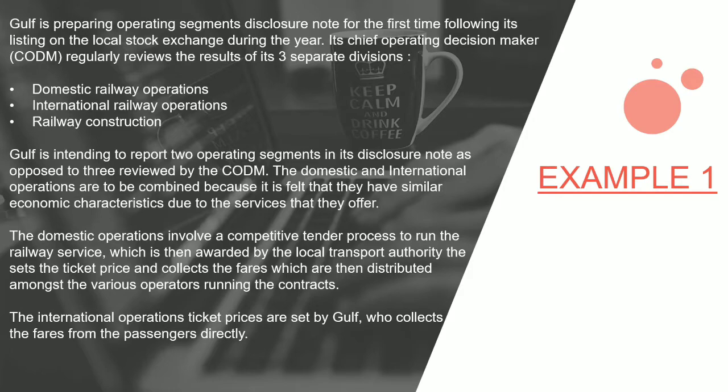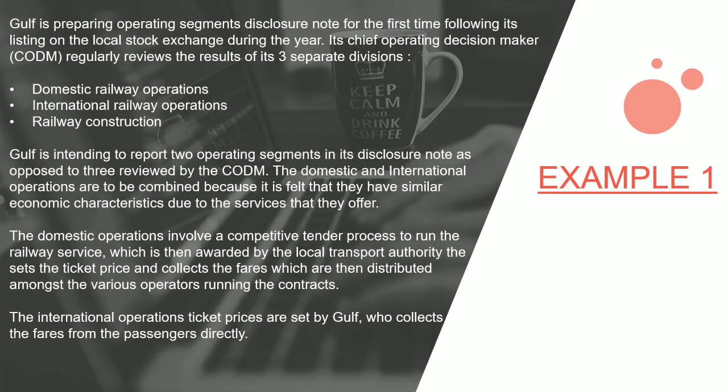Gulf is intending to report two operating segments in its disclosure note as opposed to the three reviewed by the CODM. The domestic and international operations are to be combined because it is felt that they have similar economic characteristics due to the service that they offer.